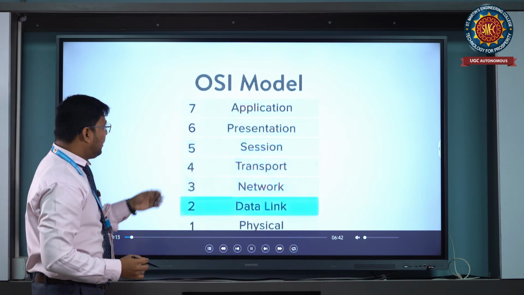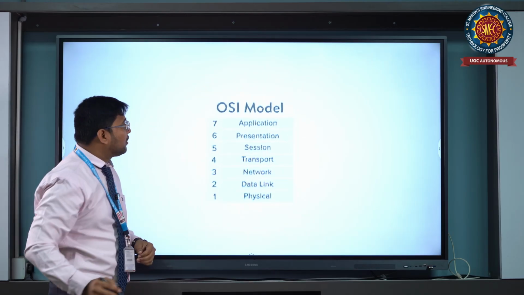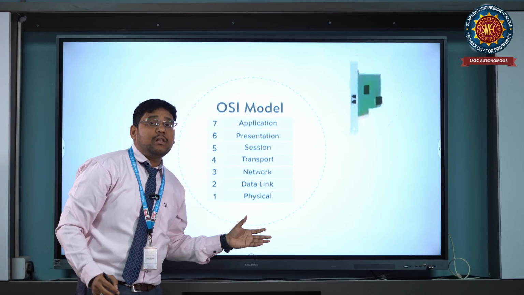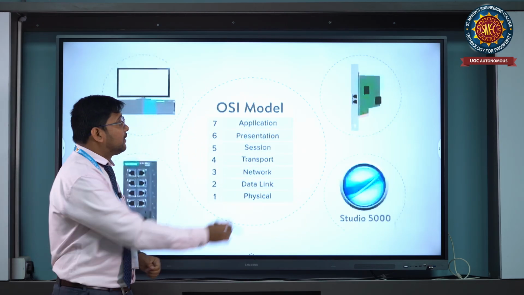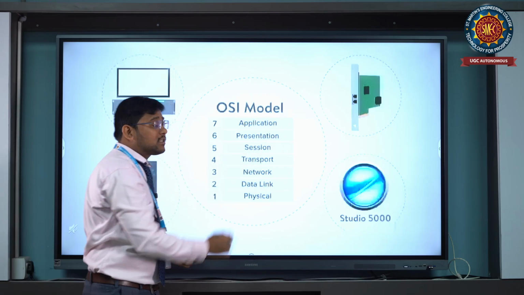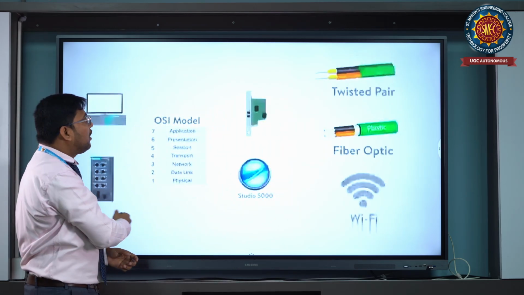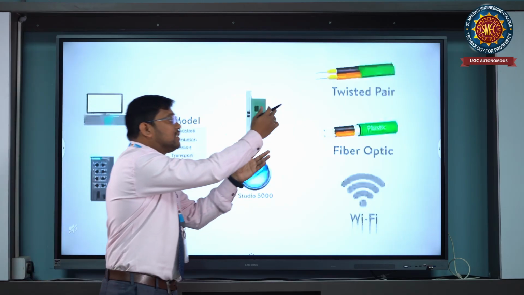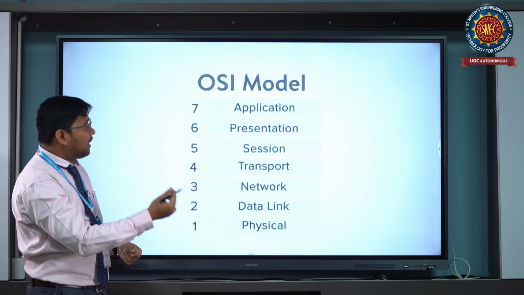There are 7 layers existing from top to bottom or bottom to top. These OSI models will all function with the network interface card, operating systems and network hardware. All together they are connected with the physical medium, whether twisted pair or wireless.